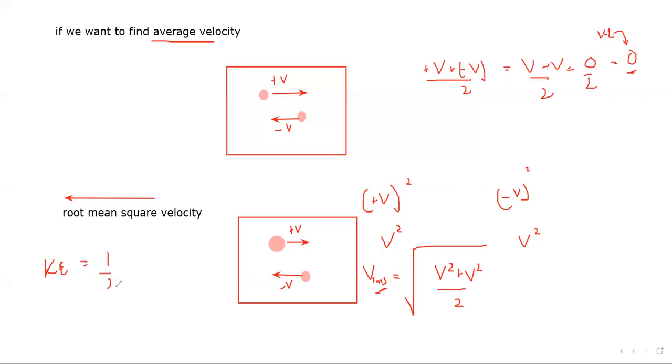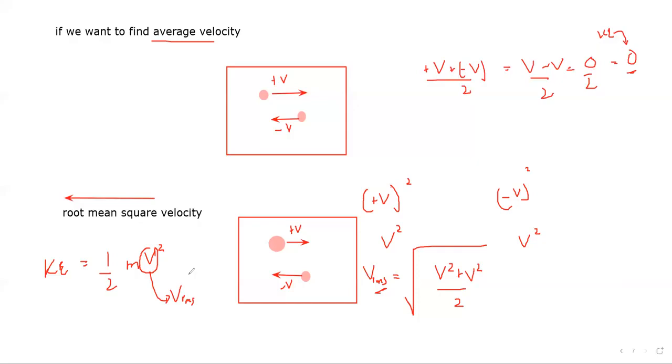When we are finding the kinetic energy of the gas molecule, we say half mv square. But in place of v, we do not substitute the average velocity. We substitute VRMS, which means root mean square speed. Is it clear?